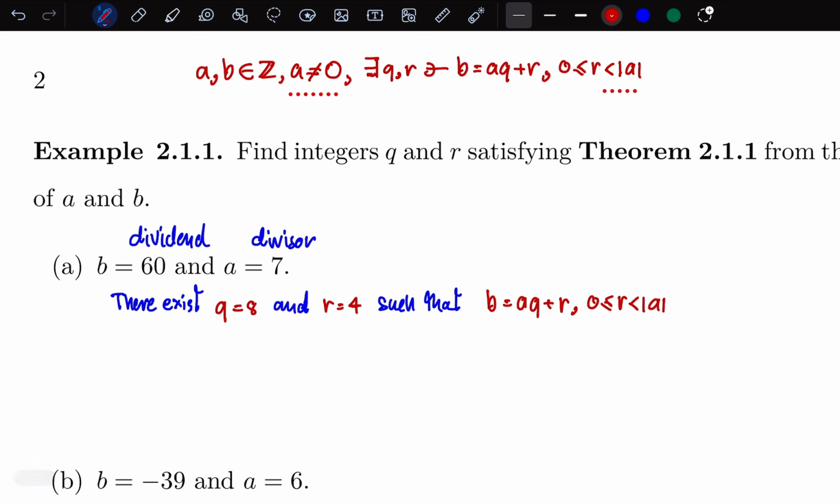We know that 60 equals A times 8, which is 56, right? Plus 4.